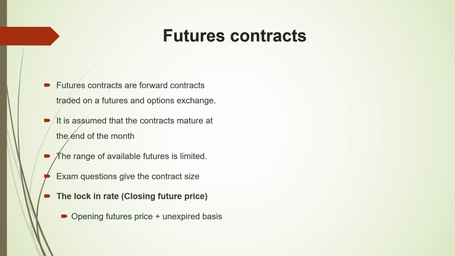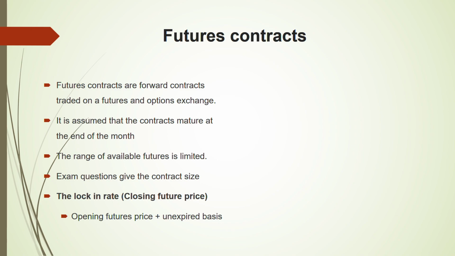So in that case, it's a minus, because when you add a negative number to a positive number, it is automatically deducted. If you're getting confused, what you can do is keep it plus only under both conditions, whether positive or negative basis. Let's say your basis is minus 5. So opening future price plus minus 5. You can put that in a calculator and check. You will get a minus. Plus minus means it's a minus only, so that 5 will be deducted from the opening future price.